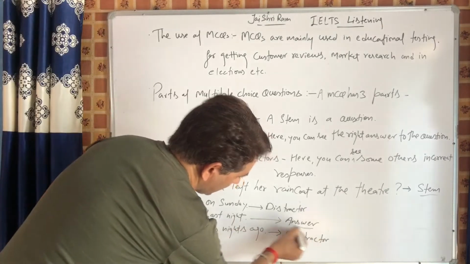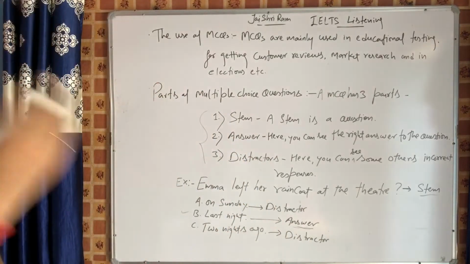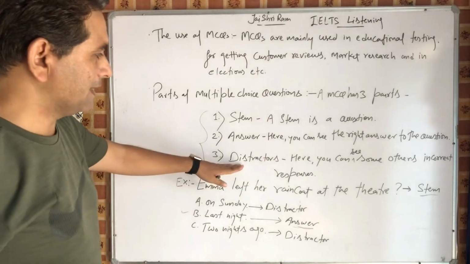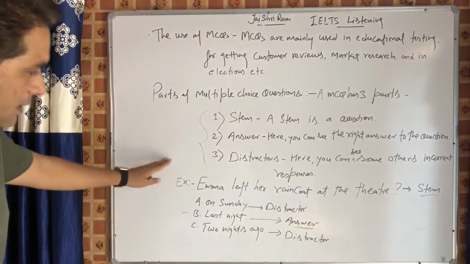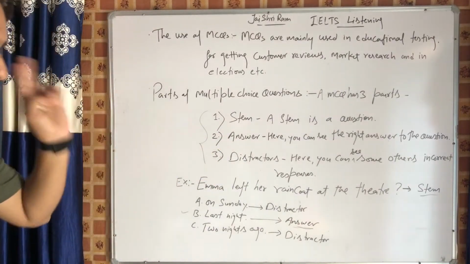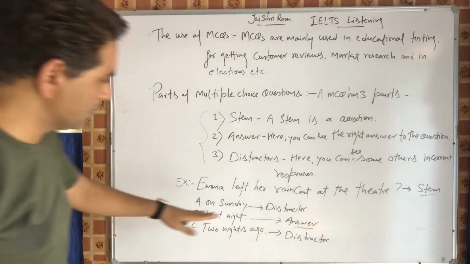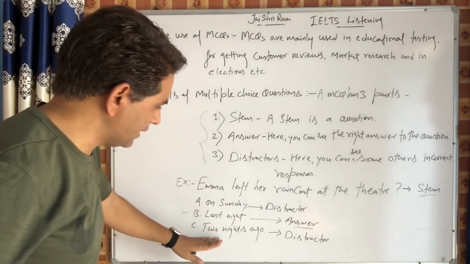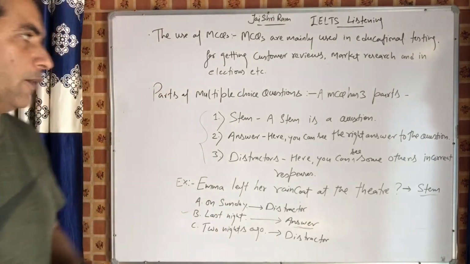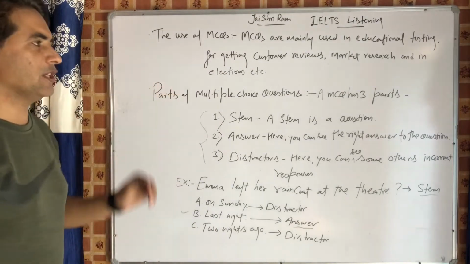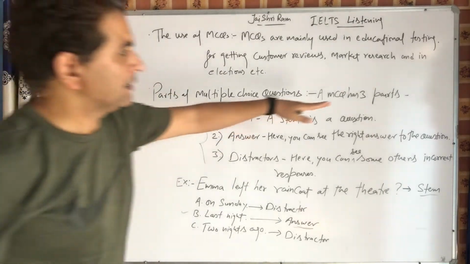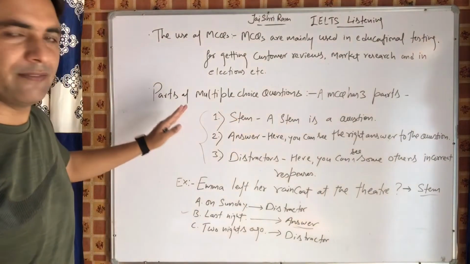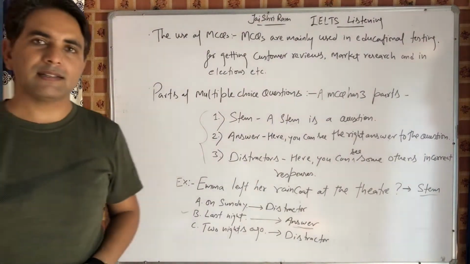And in the last we have discussed distractors, and in this example you can see 2 distractors. First one is on Sunday and second one is 2 nights ago. So a multiple choice question has 3 parts: stem, answer and distractors.